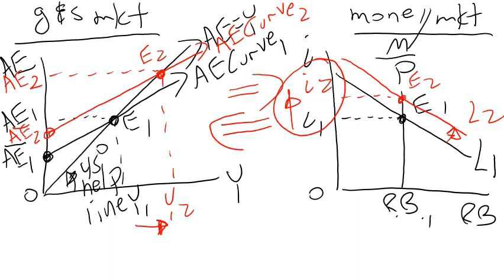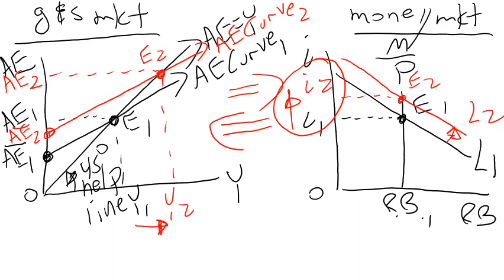Higher interest rates, as I've already shown, will lower the borrowing and spending by the firms for expanding, improving, renovating the industrial infrastructure. And it will also affect the exporters, right?